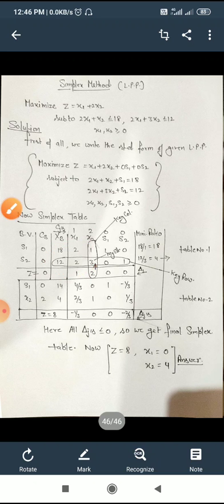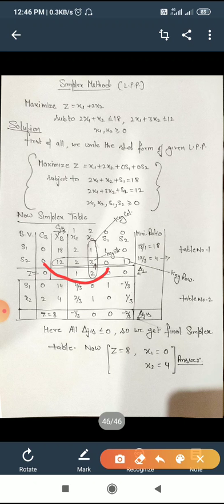Now the third value, similarly 0 into 0, 0 into 1, subtract from 0, so we get 0. Similarly for the fourth, 0 into 1 plus 0 into 2 is 0, so 0 minus 0 is 0. So the delta J row is 1, 2, 0, 0.